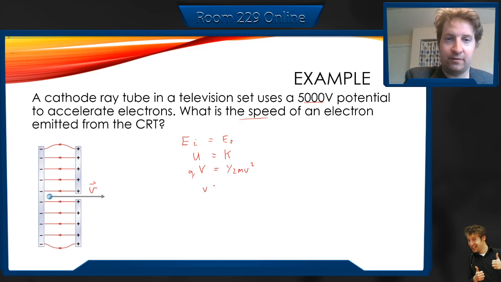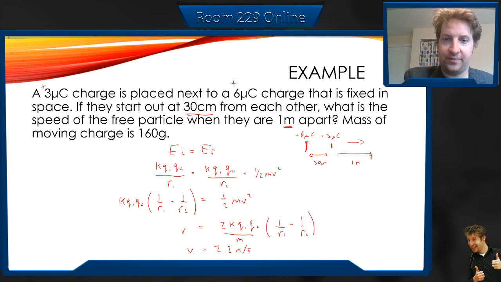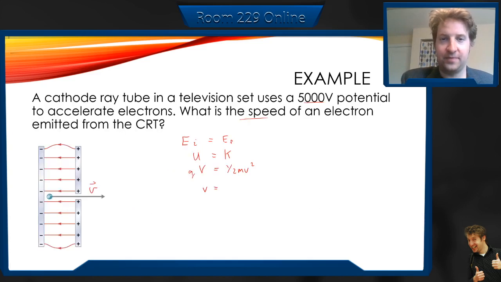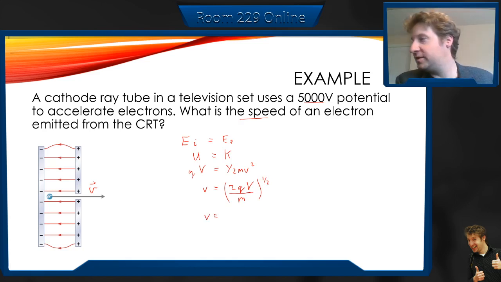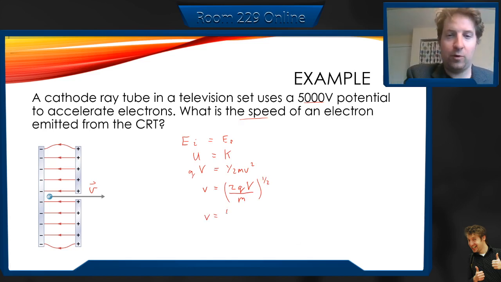Okay, so then my velocity ends up being, hey, wait a second, I forgot something back here. Remember, that's a half, right? Because I have to take the square root. But again here, so what am I ended up with? This will be 2qV divided by mass and all of that to the power of a half. Working all this out, I end up with a speed of 4.2 times 10 to the 7 meters a second.